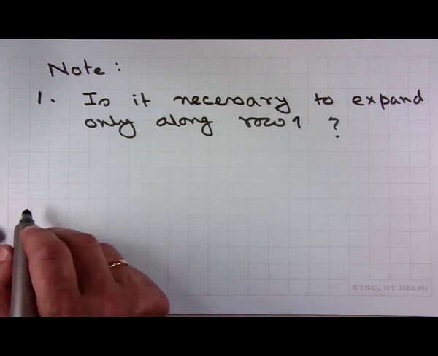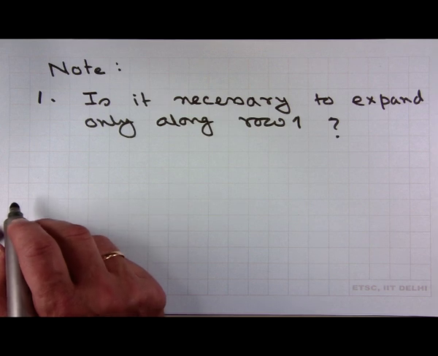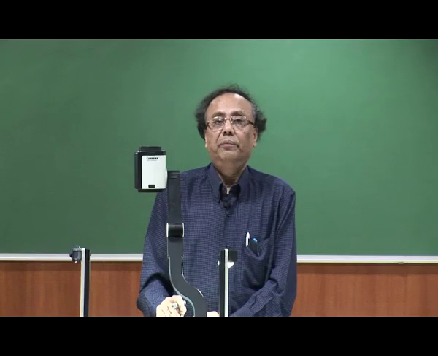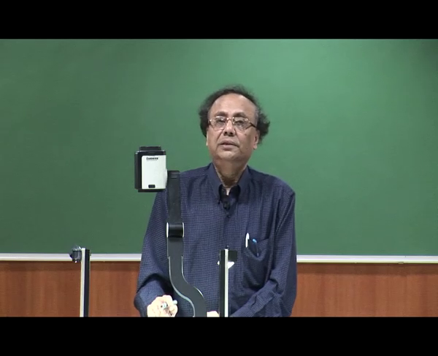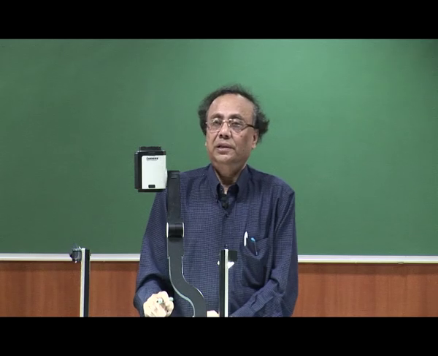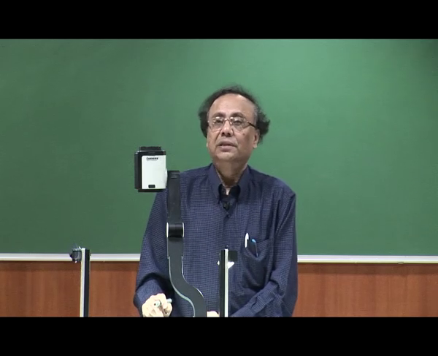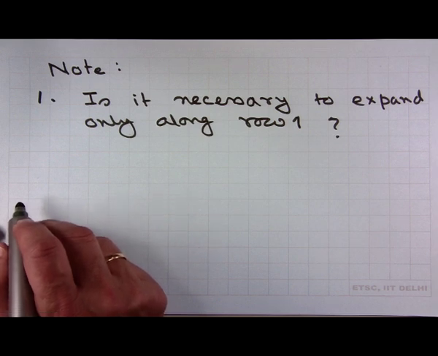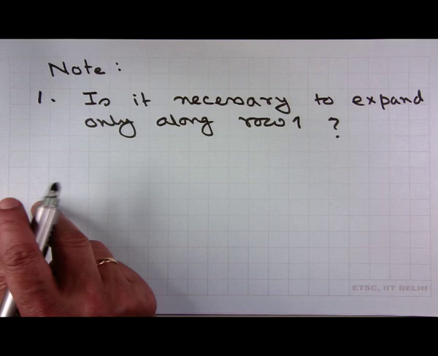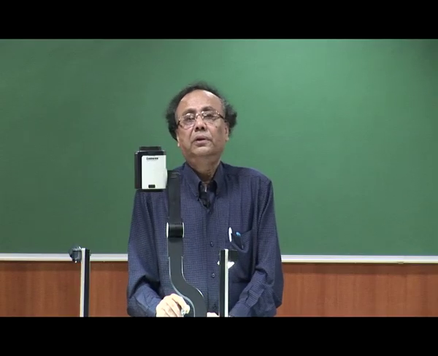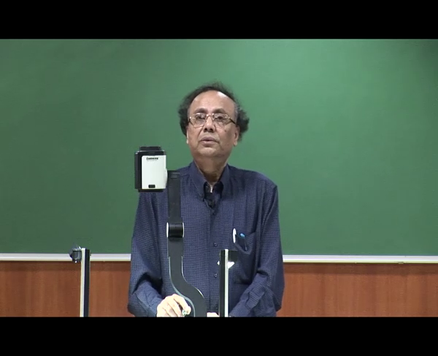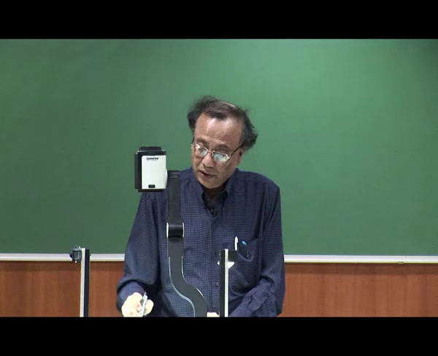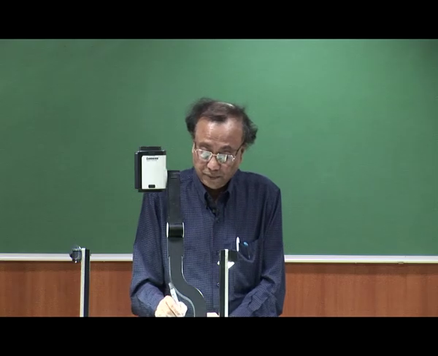As you have seen, I have computed the determinant by taking terms from the row and by multiplying it with the determinant of a submatrix and putting the sign plus or minus as per the formula. Therefore, natural question is, do we always need to go along first row? The answer is no.